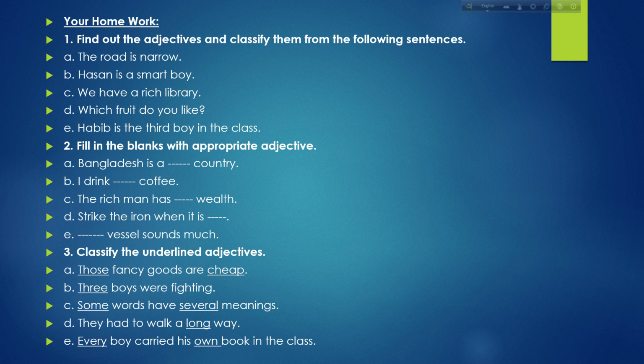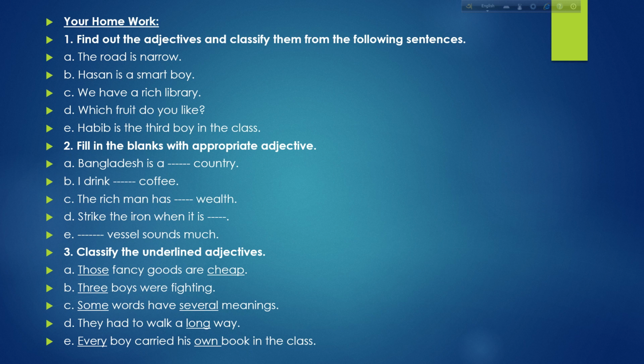When you are classifying it as pronominal adjective, you should mention whether it is distributive pronominal or interrogative pronominal. This way you have to classify. A, the road is narrow. B, Hassan is a smart boy. C, we have a rich library. D, which fruit do you like? E, Habib is the 3rd boy in the class.